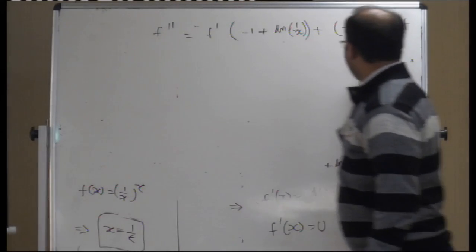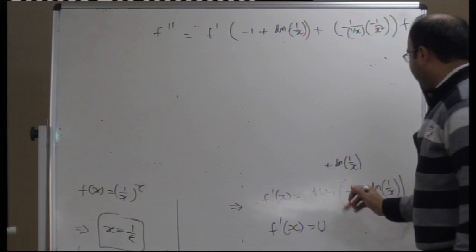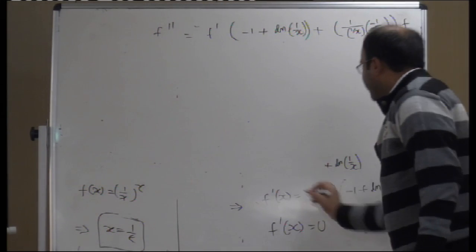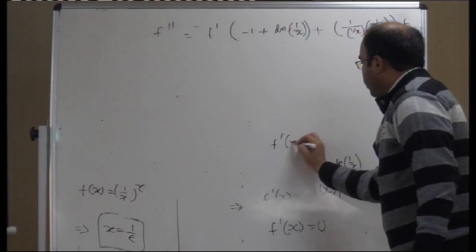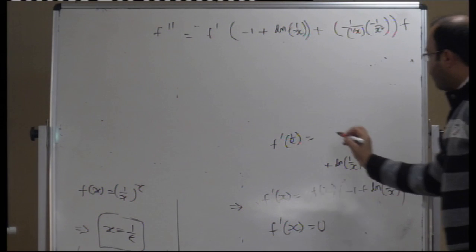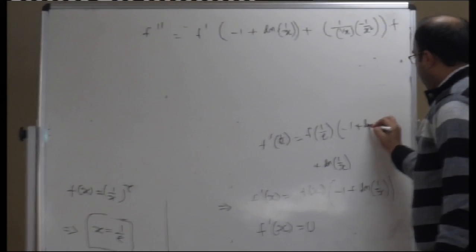Now when you double differentiate it, this will happen. You find the value of the single derivative at 1 by e, the point which we have got. The single derivative value at the point 1 upon e is f of 1 upon e into minus 1 plus log of e.